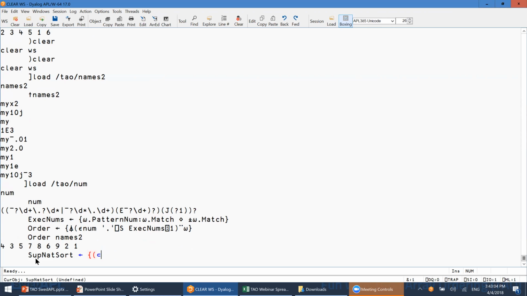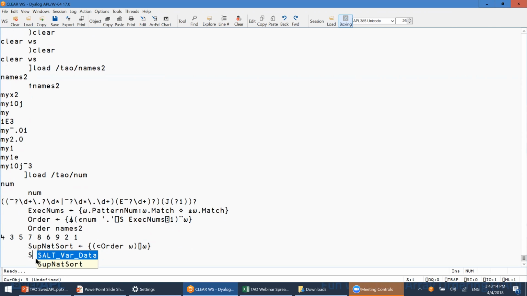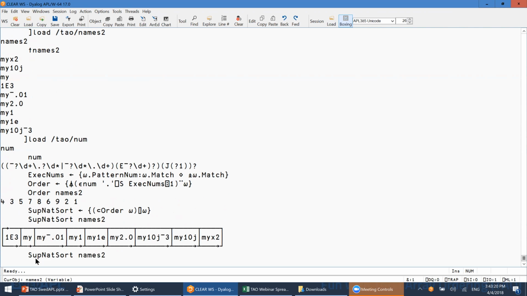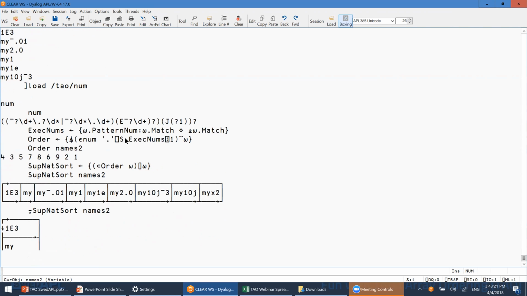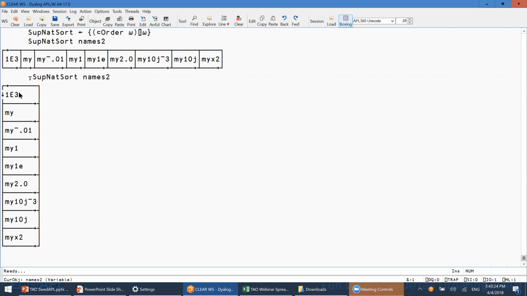which is defined just like we had before, but instead of using grade, we're using this new order. And let's try it. Yeah, I can't really see what's going on. If you put them vertically, now you can see it. 1000 comes first, then 1J followed by nothing, then 1J followed by negative 0.01, then 1E, okay?